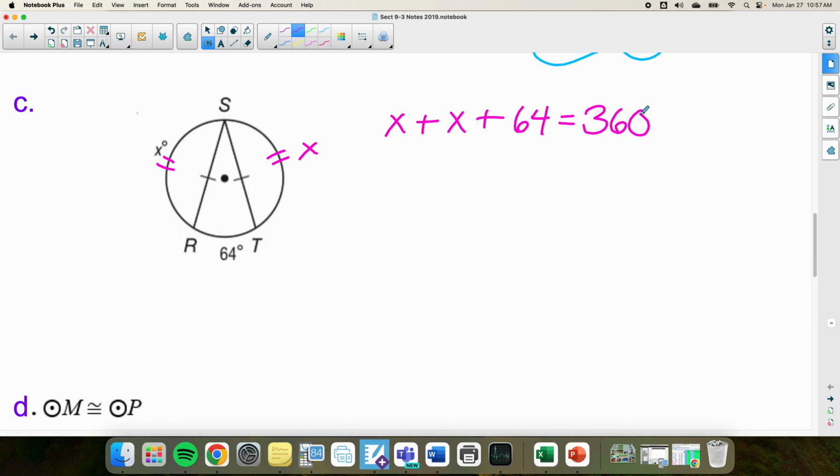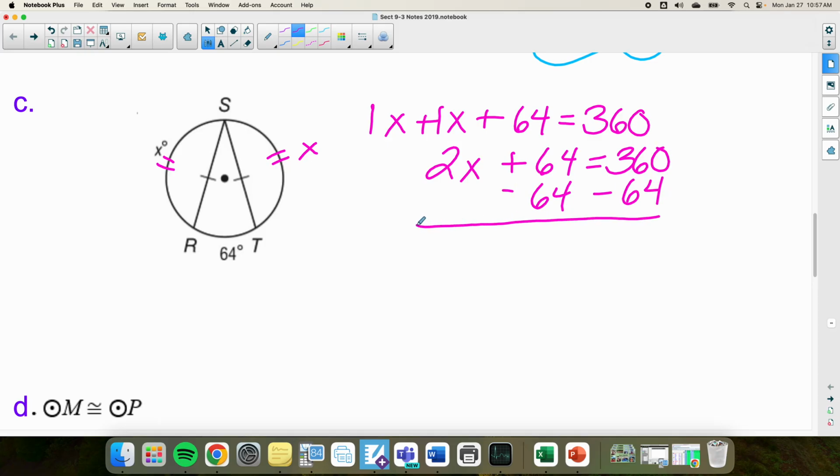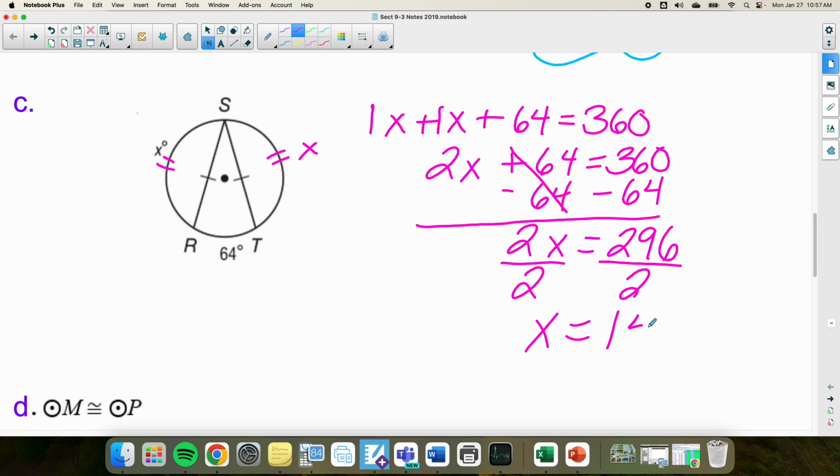And so say I did the algebra way, okay? 1x plus 1x is 2x. Then you would subtract 64, and you would get that 2x is 296, divide by 2, and x would be 148, I believe. Okay?